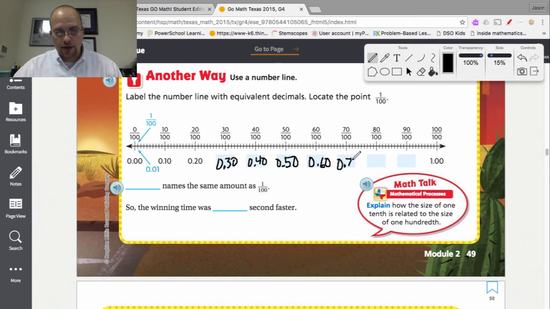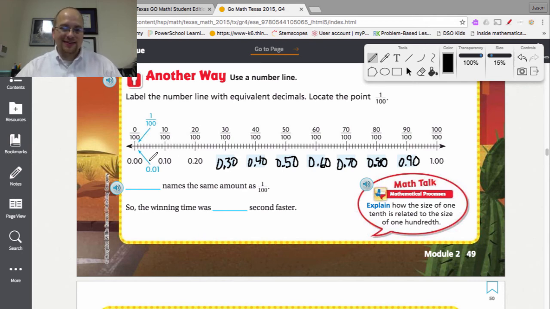It just goes on down the page in the same way. All I'm doing is writing how many hundredths it is on the right side of the decimal point. So you see I have 10, 20, 30, 40, 50, 60, 70, 80, and 90 hundredths all the way to 100 hundredths, or 1 whole.